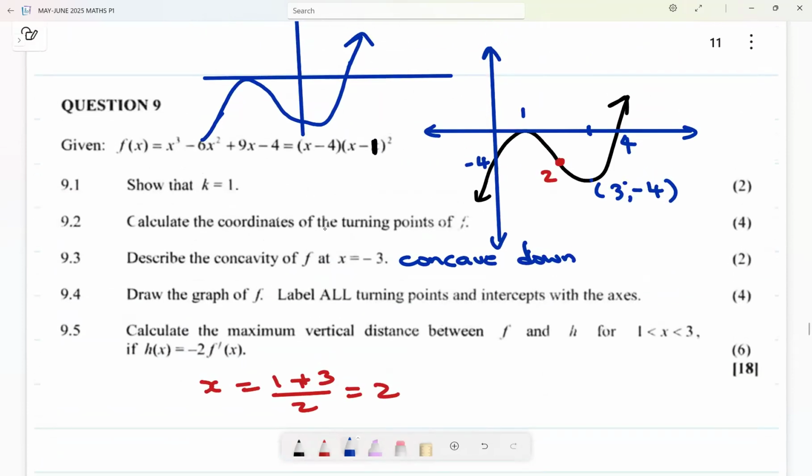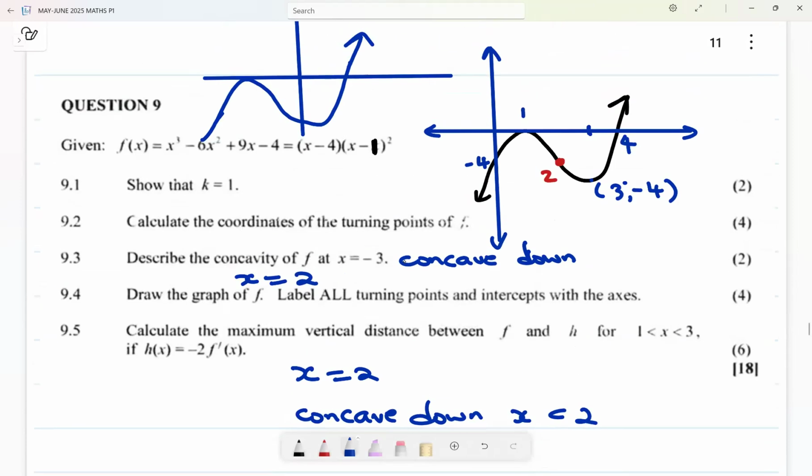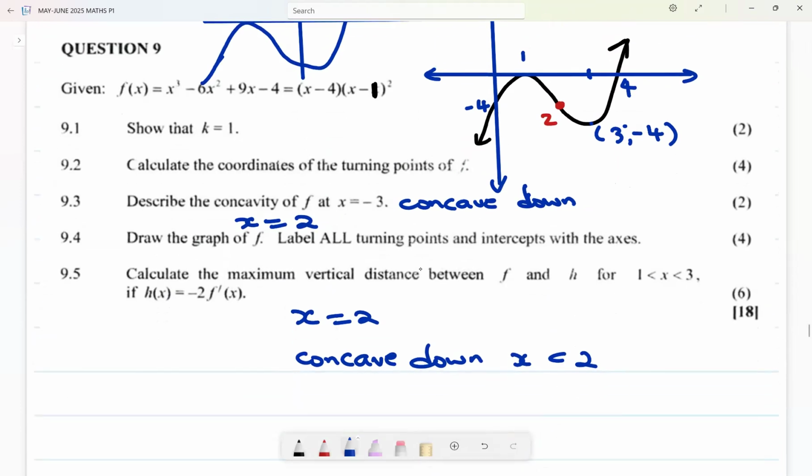You just need to say the x coordinate of the point of inflection, it is 2. Okay? I'm going to say x is equal to 2 and it is concave down for x is less than 2. When x is less than 2, meaning it's going to the left-hand side, it is concave down.